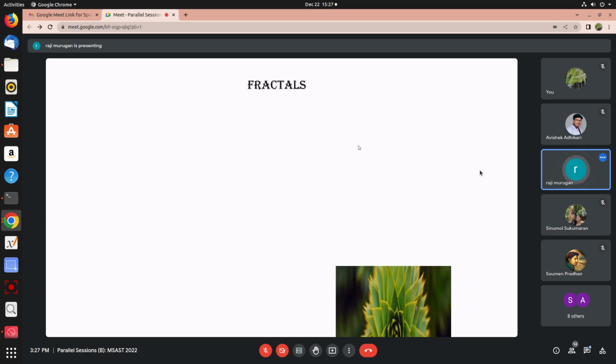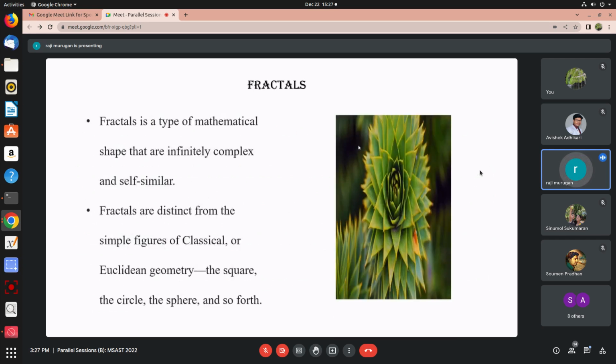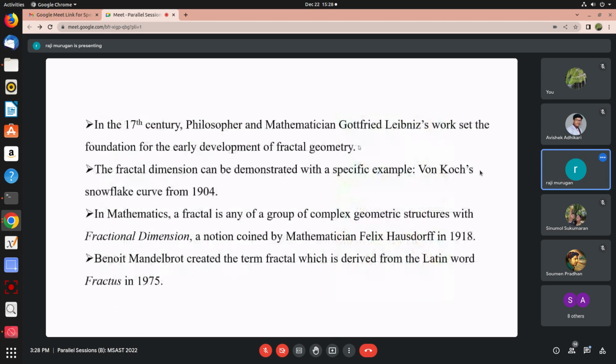Next, fractals. A fractal is a type of mathematical shape that is infinitely complex and self-similar. Fractals are distinct from the simple figures of classical or Euclidean geometry like square, circle, sphere, etc. In the 17th century, philosopher and mathematician Gottfried Leibniz's works set the foundation for the early development of fractal geometry.